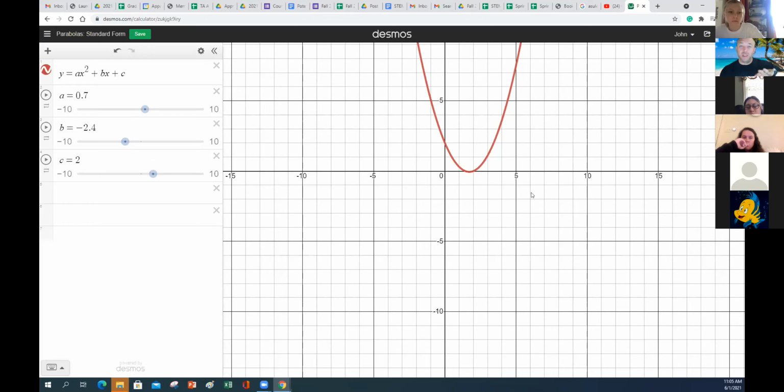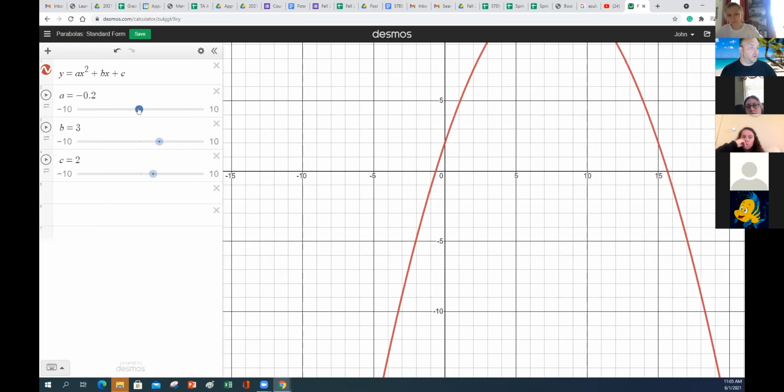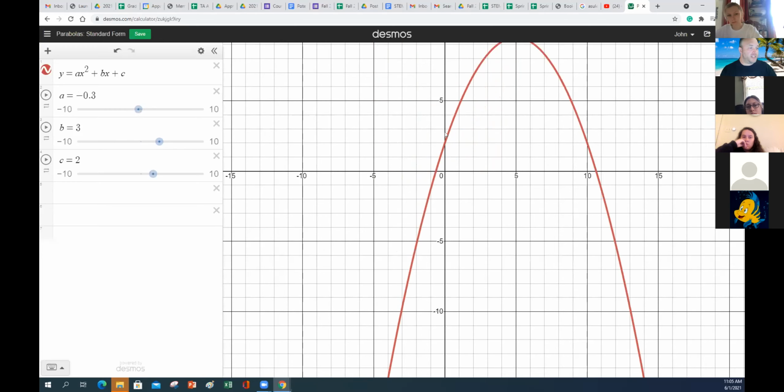Is this helping kind of get that visual of why things are working and what they're doing, like these moving parts? And here's the best thing about it. I can go crazy with this, but I'm gonna stay a little centered on it. So I'm gonna make B positive. I'm gonna make it 3. Now watch what happens even if I change this to concave down. Notice that it's still increasing at the y-intercept.